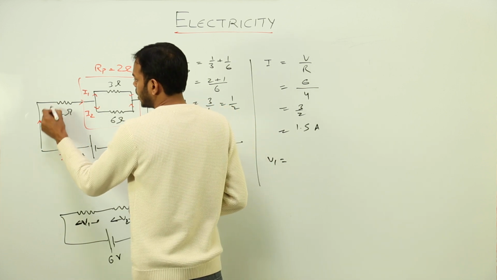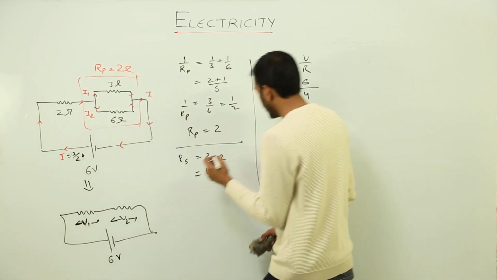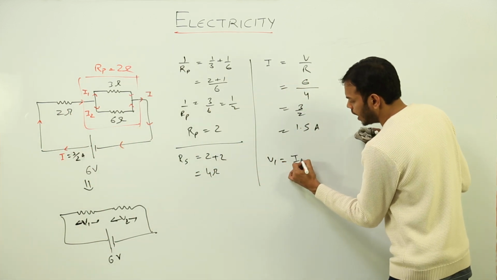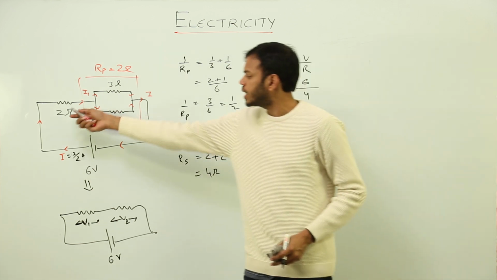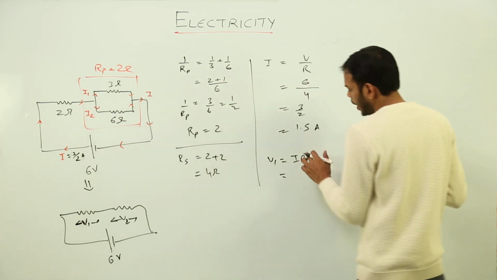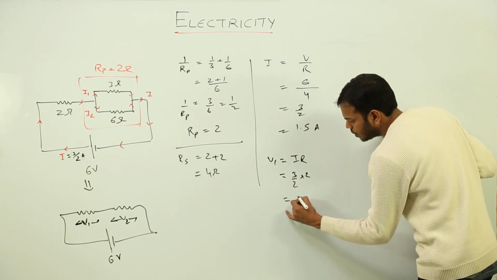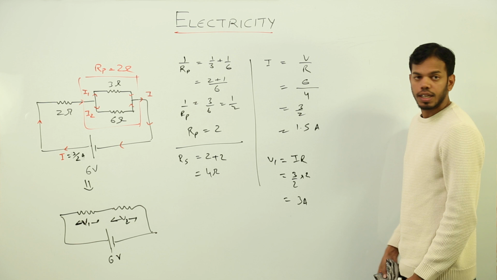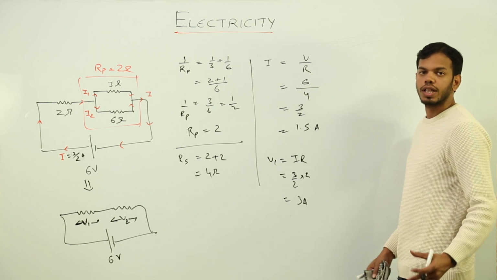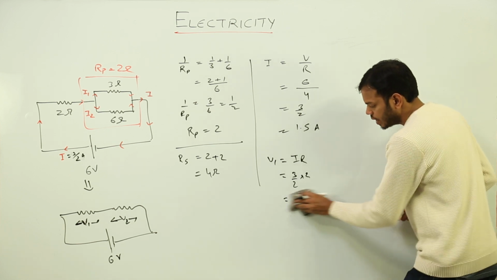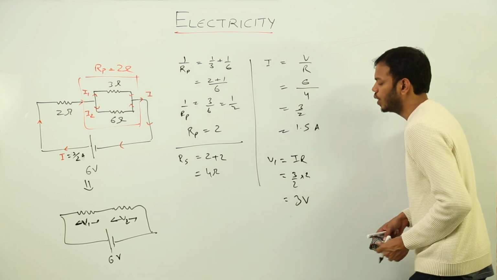So 3 by 2 into 2, using the formula V is equal to IR. Current flowing through this resistor is 3 by 2 ampere and the value of resistance is 2. So 3 by 2 into 2 gives me 3 ampere, no, 3 volt. Okay, so this is 3 volt.